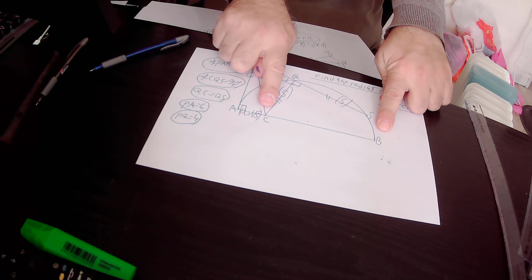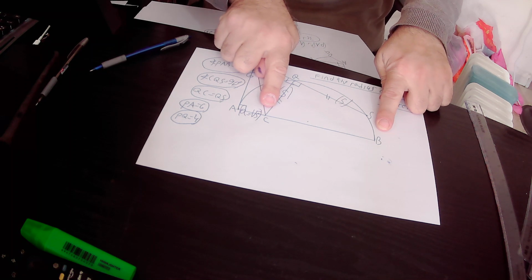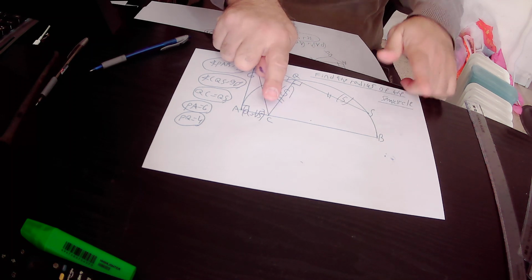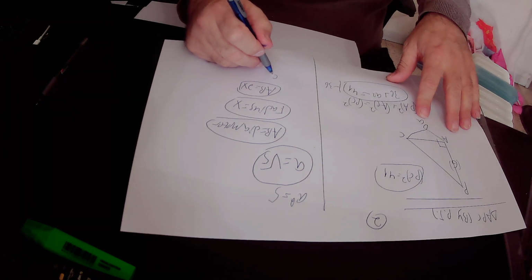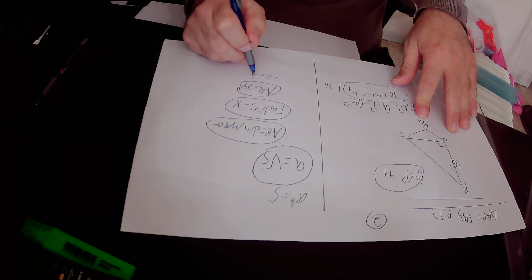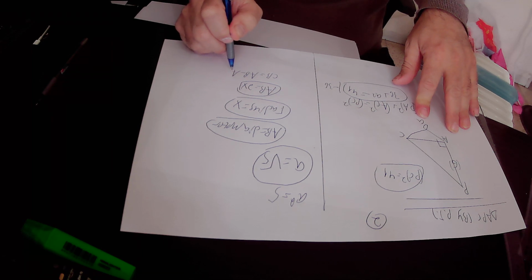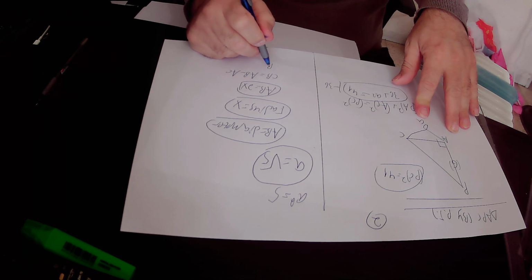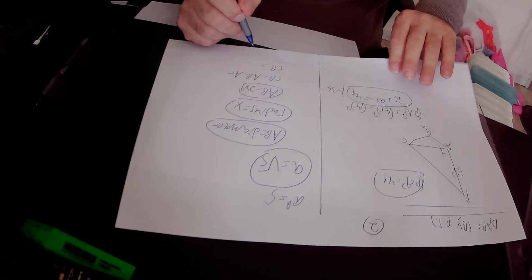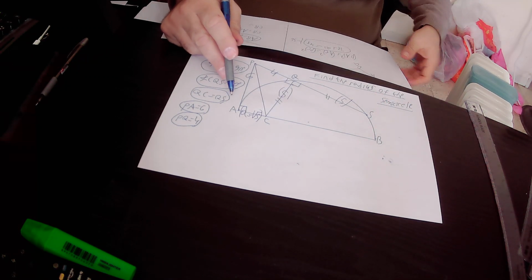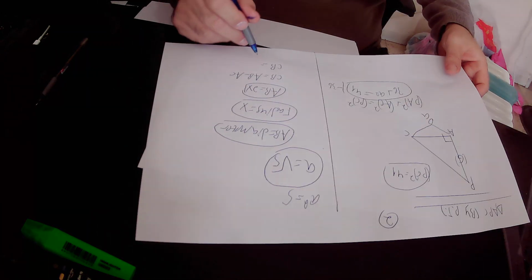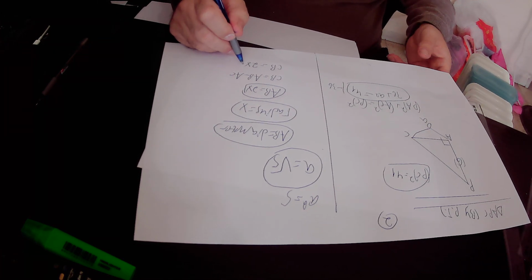From the drawing, it is very easy to see that CB equals AB minus AC. So I write it down. CB equals AB minus AC. That is to say CB equals AB, that is the diameter of the semicircle, which equals 2x, minus AC.